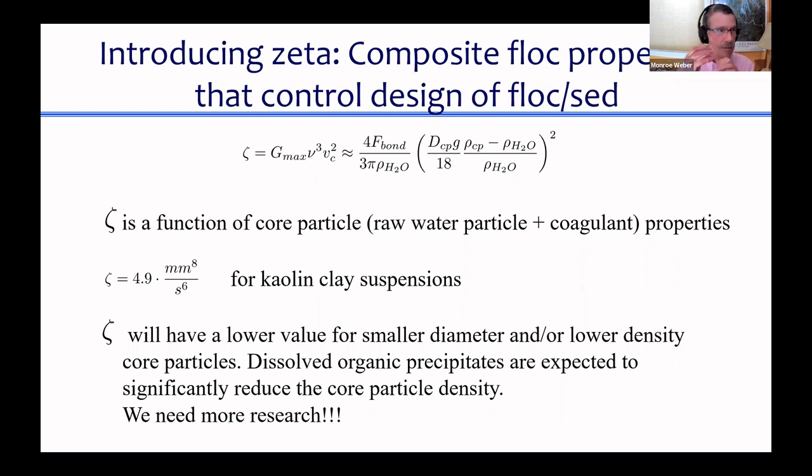So it's the force of the bond of the coagulant nanoparticle, it's the diameter of the core particle, it's the density of the core particle.